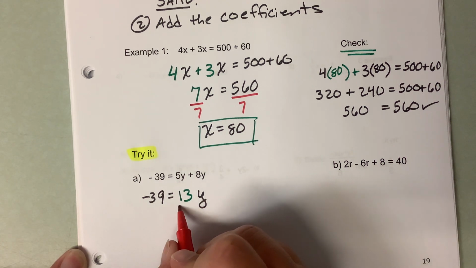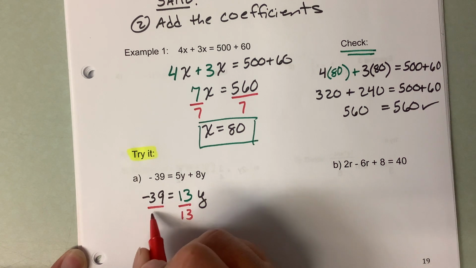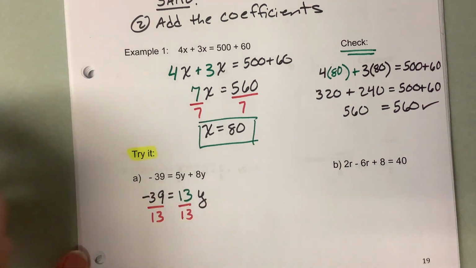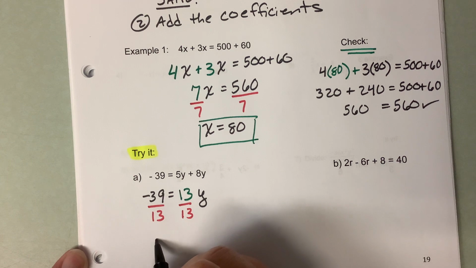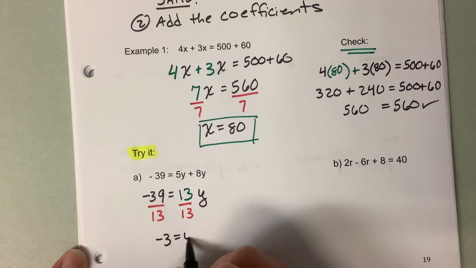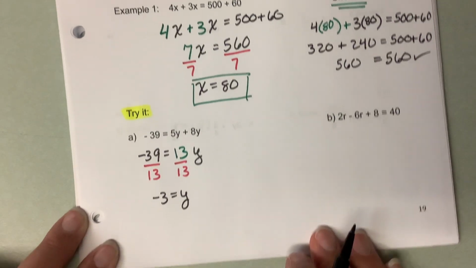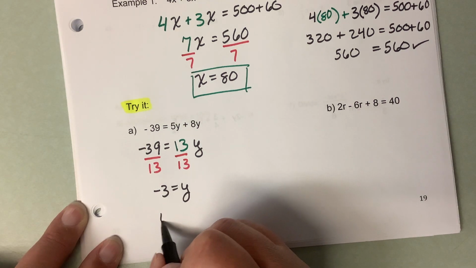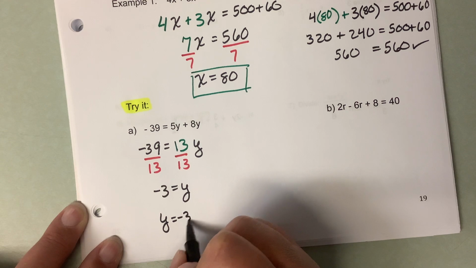To get rid of the 13, you divide both sides by 13. Negative 39 divided by 13 is negative 3 equals y. Oh, but you know I don't like the y on the right like this. I'm going to flip this over and get y equals negative 3.